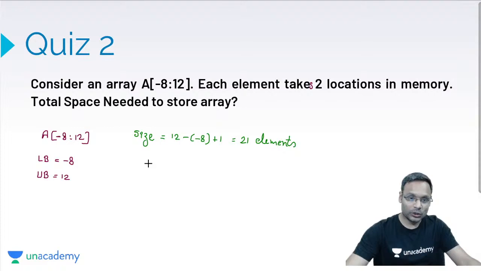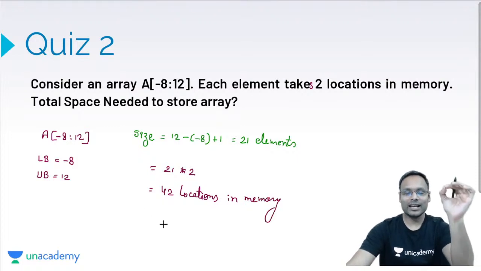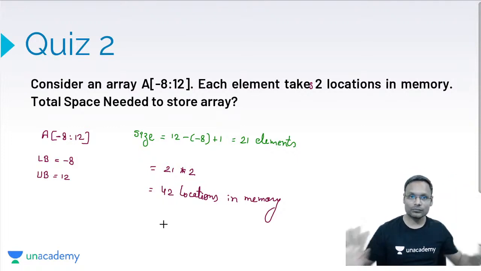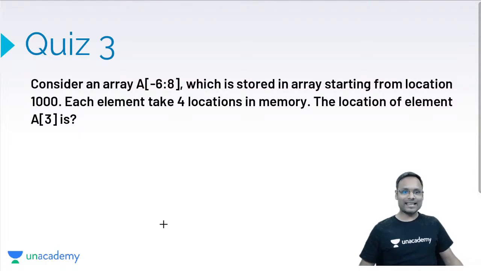So total array size will be 21 elements, each takes 2, size is equal to 42 locations in the memory. 42 locations are needed to store this particular array A of minus 8 to 12. Getting the answers? Yes or no? If yes, let's go for another example.